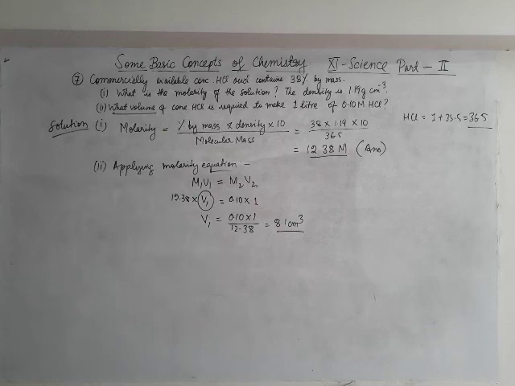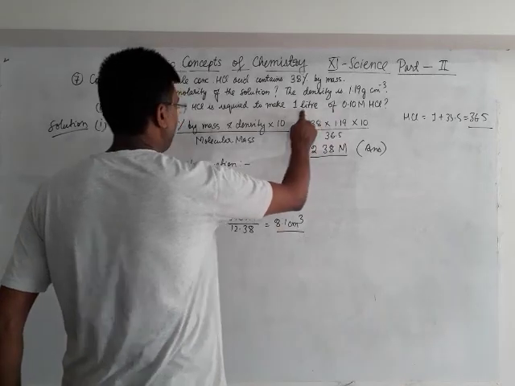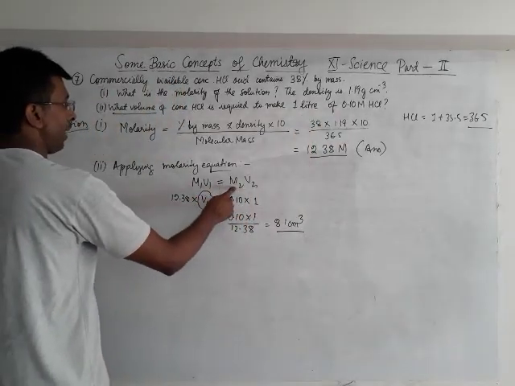So here there are two parts to this question. The first part was to calculate the molarity of the solution given density, and second part, what volume of conc HCl is required to make 1 liter of the solution whose strength is 0.10 m HCl. So that 1 liter and 0.10 m HCl becomes M2V2. So M1V1 is equal to M2V2.